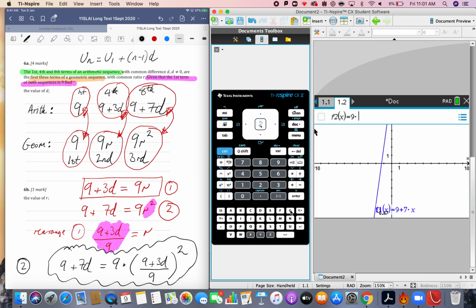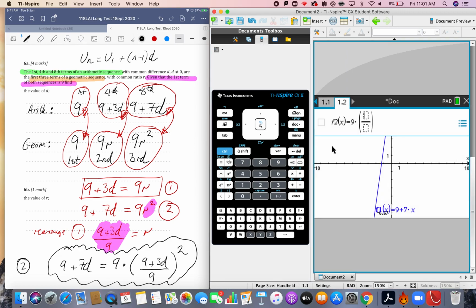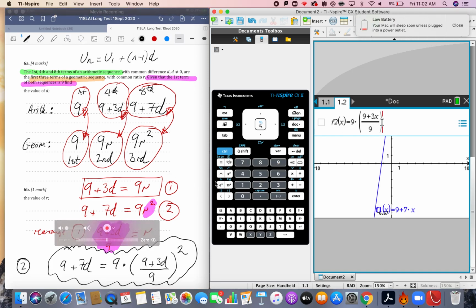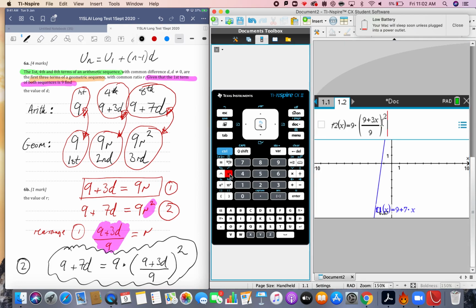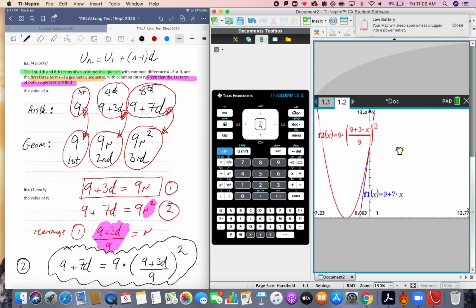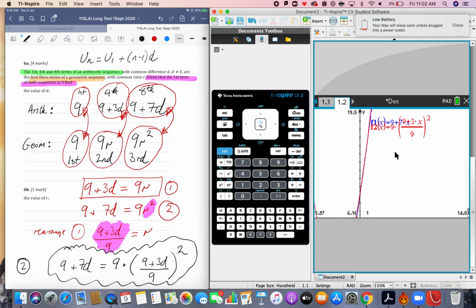9 times open bracket. I'm going to get the fraction button from the menu here, and that's going to be 9 plus 3x on the top, divided by 9. And this guy here is powered up squared. There we go. And then on my graph, the intersection point is somewhere.